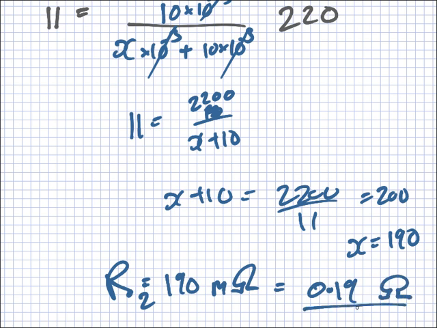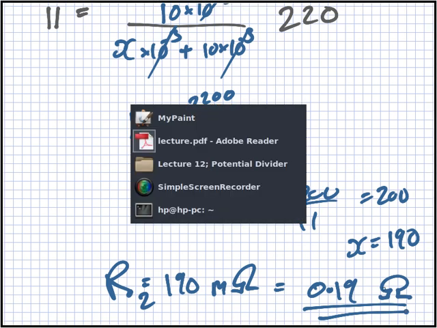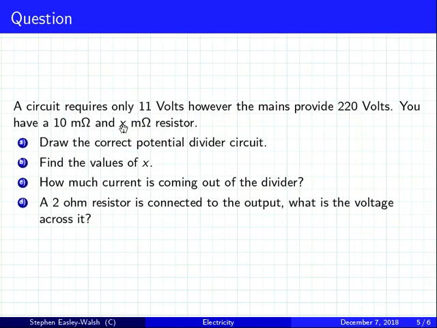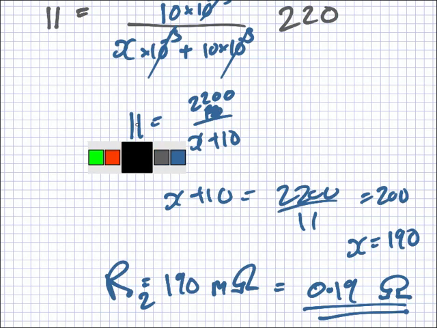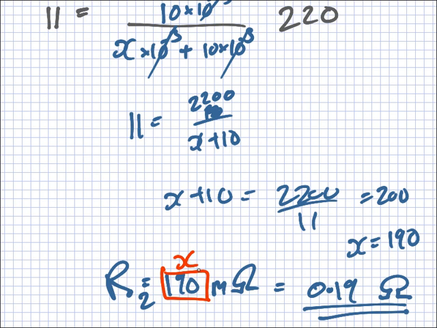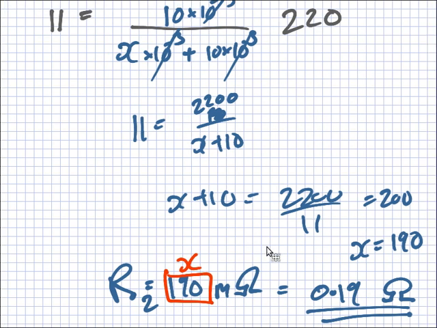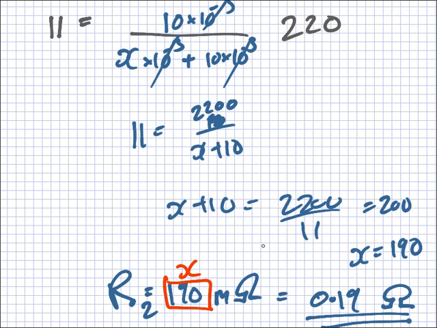You have to be careful because I asked what's the x, and the x is in milliohms. So actually, this is what x is, which is what I wanted. Okay, let's continue.